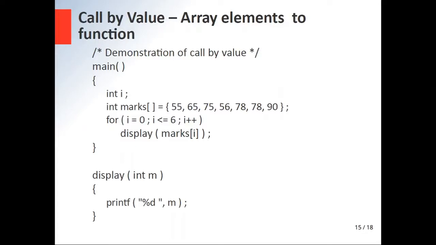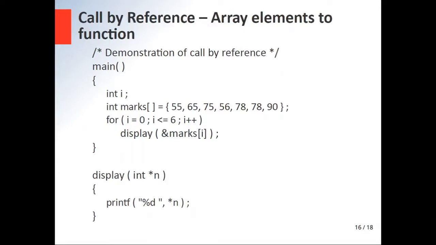Then the value of i increments and in the second iteration i becomes 1. So then it calls the display function with marks[1]. marks[1] is 65, so now the value 65 gets passed to the display function, and it continues and displays all the 7 elements in the output screen.